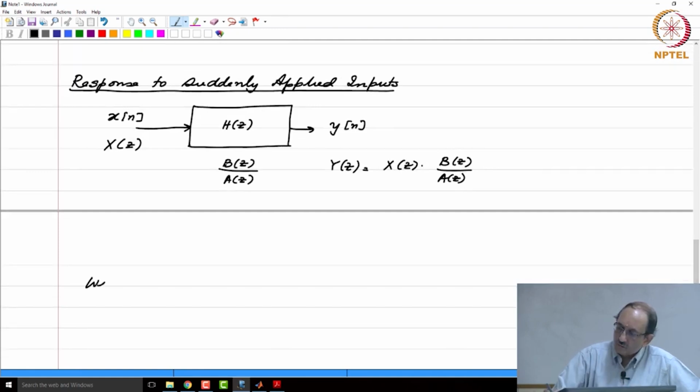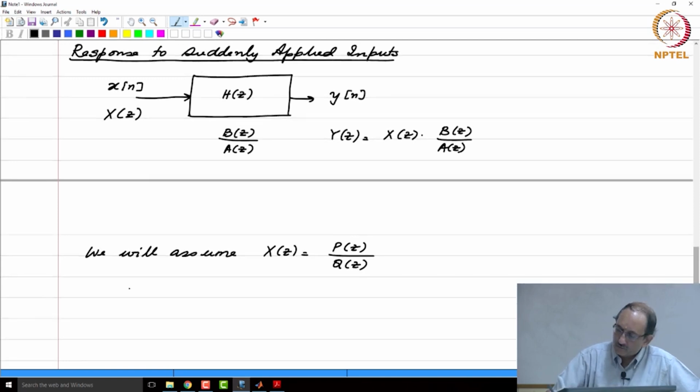We will further assume that x of z is also a rational z transform. Therefore, x of z is of the form p of z over q of z, and hence y of z is the product of these two. So, this is p of z by q of z times b of z over a of z.